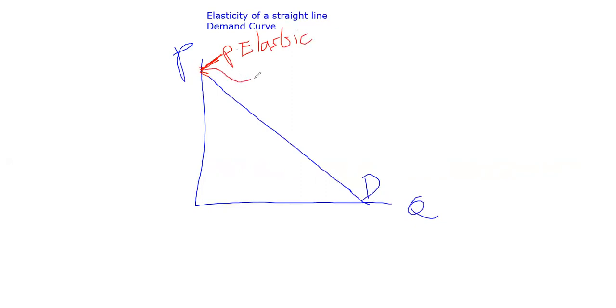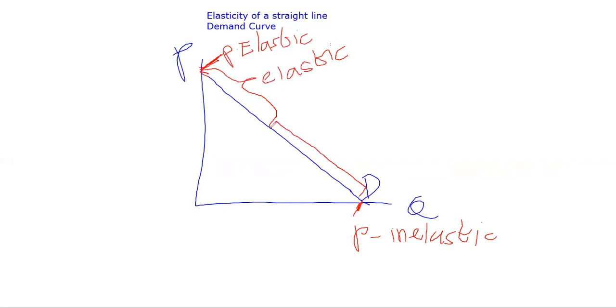Then for a certain region, this is your elastic region. This point here is perfectly inelastic. Then whatever region is up to this point is your inelastic region, and this is unit elastic.